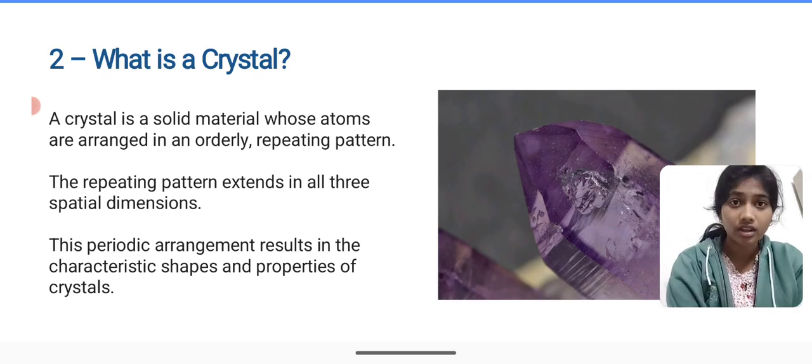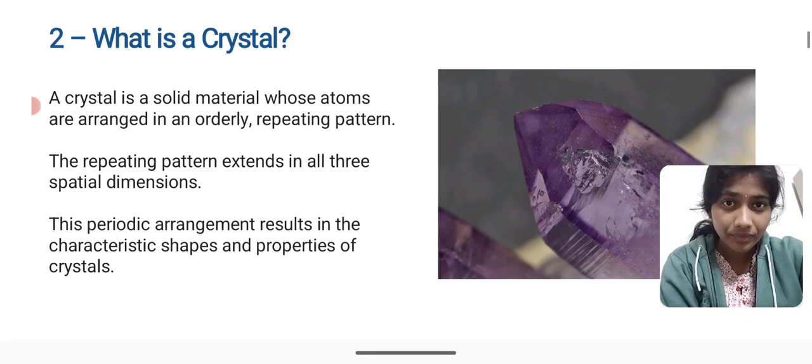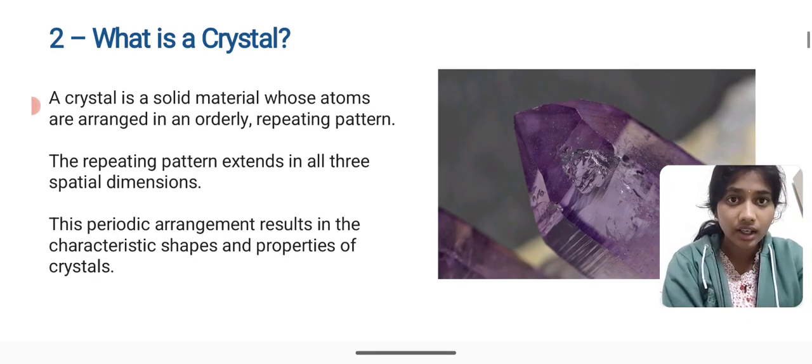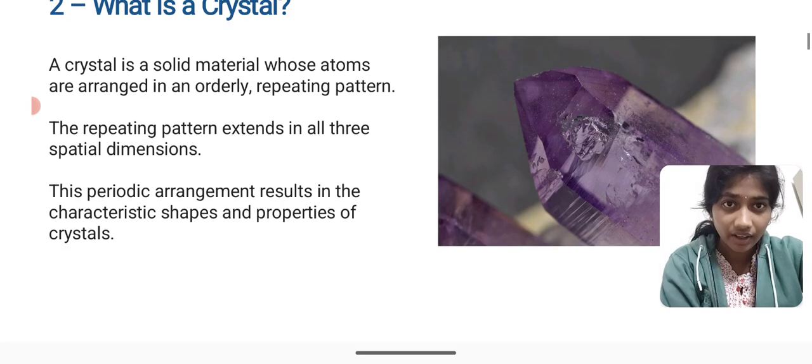What is a crystal? A crystal is a solid material whose atoms are arranged in an orderly, repeating pattern. The repeating pattern exists in all three spatial dimensions.